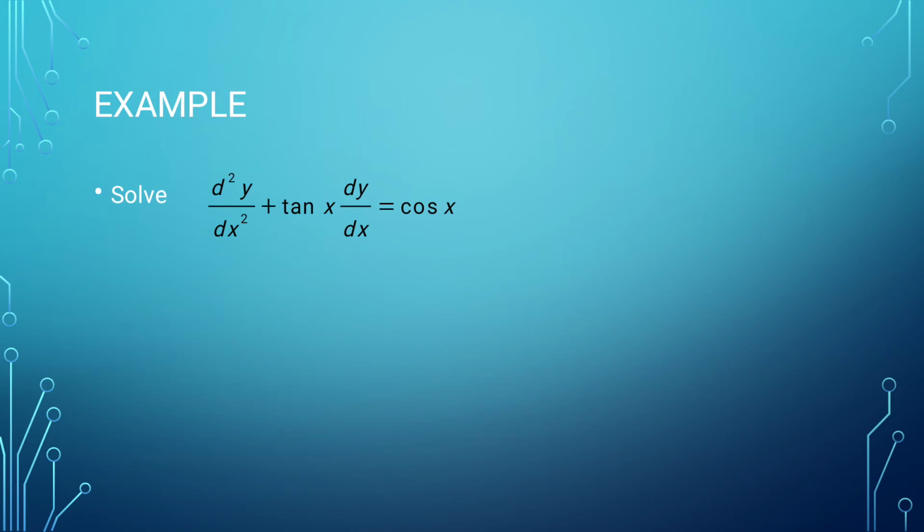Let's take an example to simplify our notes. We have this equation, which is a second order linear differential equation. To solve it, the first thing is to convert it to a first order differential equation.